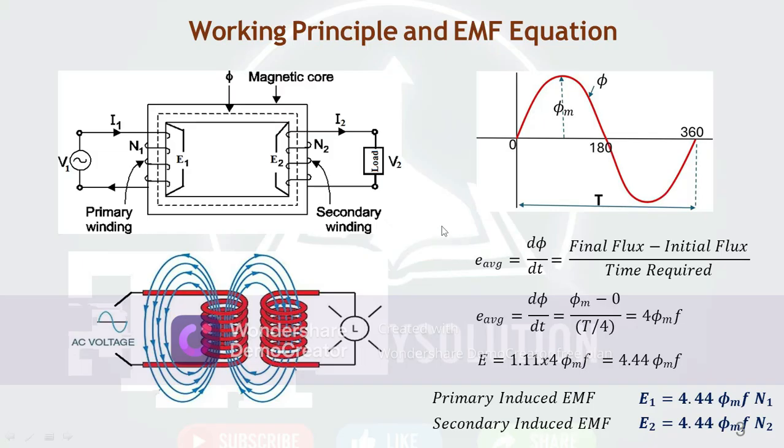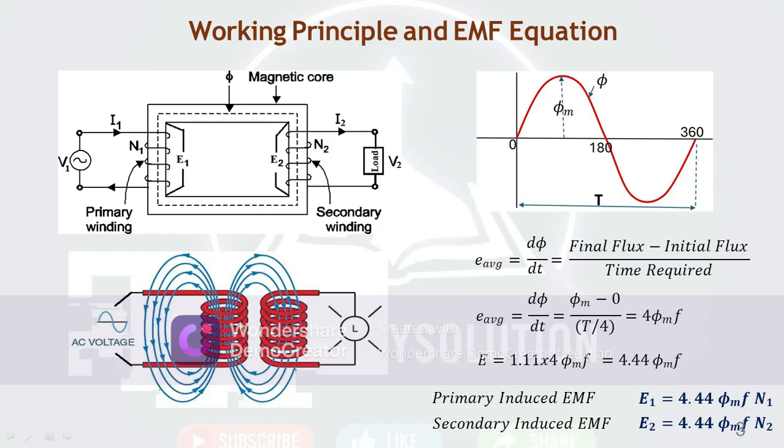Now the working principle and EMF equation. What is the working principle of a single phase transformer? The working principle of a transformer is Faraday's law of mutual induction, shown in this figure.